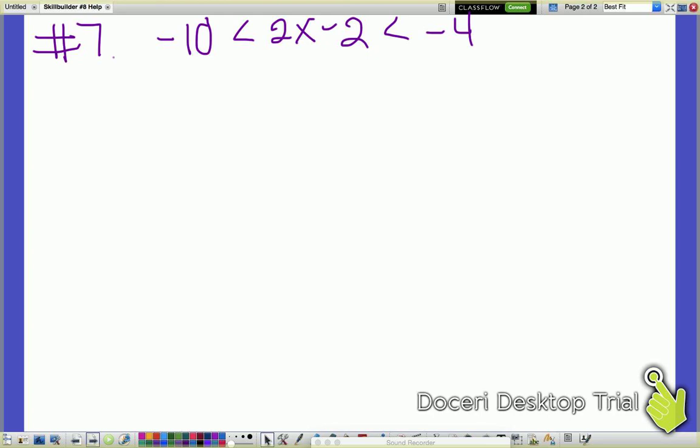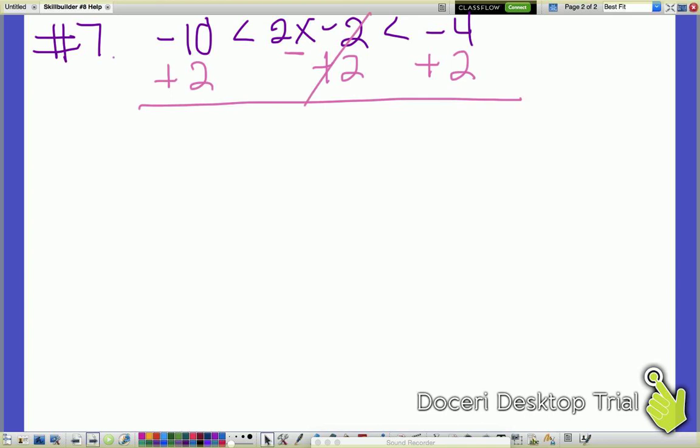But what I do, I have to do it to both sides. So I'm solving for x. So I need to get rid of anything but the x. So you notice I'm going to add 2. I've got to do it to both sides. Now, like any equation, inequality, I'm getting x by itself. I'm going to divide everything by 2.